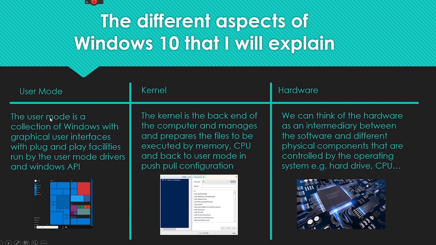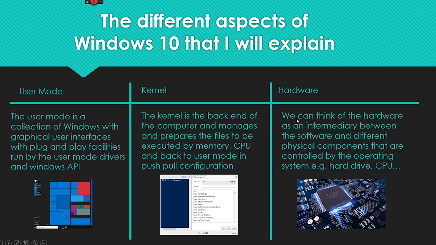The user mode is a collection of windows with graphical user interfaces with a plug and play facility, run by the user mode drivers and Windows API. The kernel is the backend of the computer and manages the peripherals, the properties of the files, and is executed by the memory, CPU, and back into the user mode in a push-pull configuration, also known as fetch and execute.